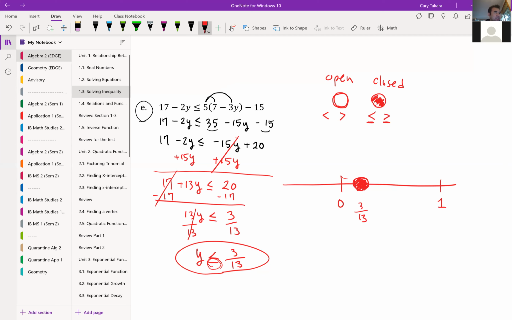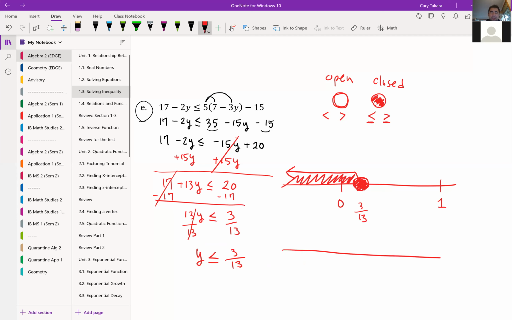And then which way do we shade? We've got the arrow pointing that way. So we're going to shade the left side.